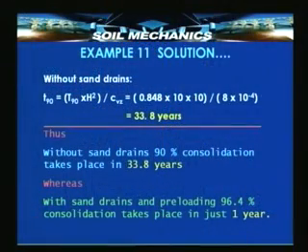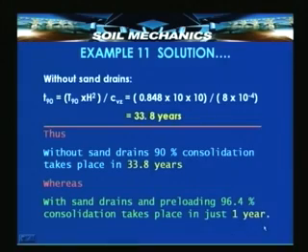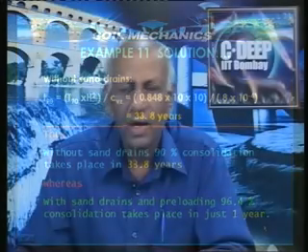So, taking only the time corresponding to 90%, we find 90% of the consolidation takes place in 33.8 years without sand drains, and 96.4% takes place in just 1 year with the help of sand drains, and that is the degree of advantage that we gain.